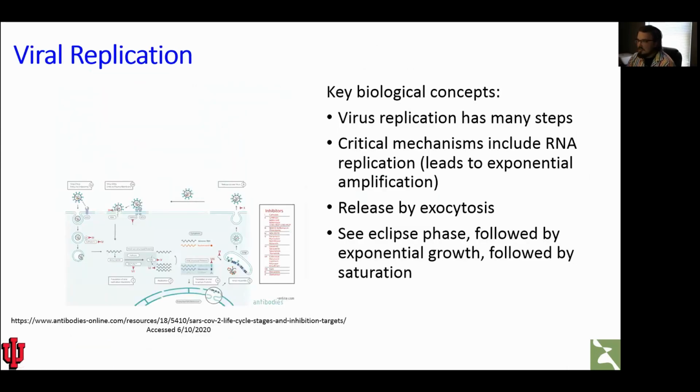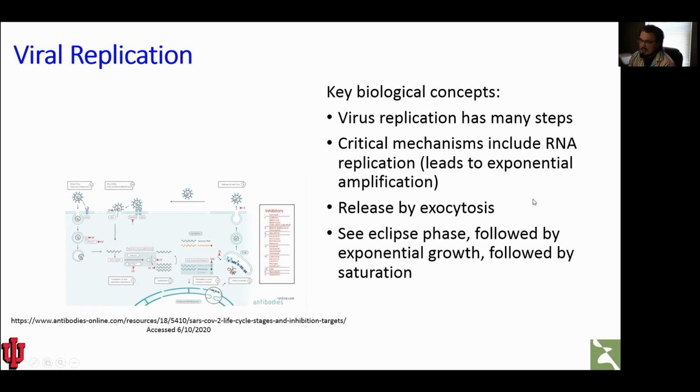Now for viral replication, there is a lot of complexity that goes on inside of a cell. And that complexity is specific to a particular virus. But what we do know is that there are the mechanisms of a cell undergoing internalization of a virus from its extracellular environment. We know that after that occurs, there is then genomic replication, in the case of SARS-CoV-2, RNA replication.